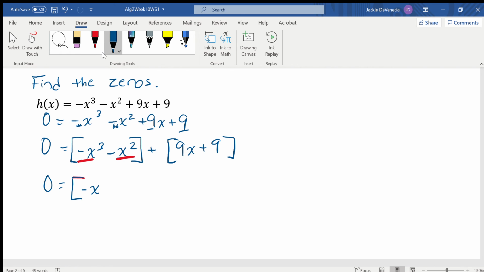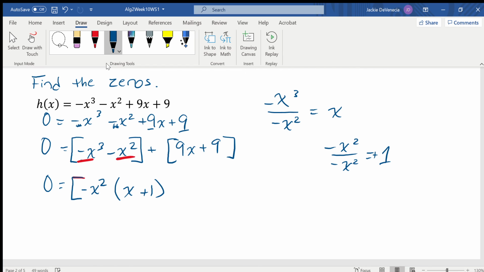Actually, yes, I'm going to take away negative x squared. And I'm going to be left with, let's see, negative x cubed divided by negative x squared, I'm going to get x to the first. And then over here, I have a negative x squared divided by negative x squared. That just gives me a positive 1.